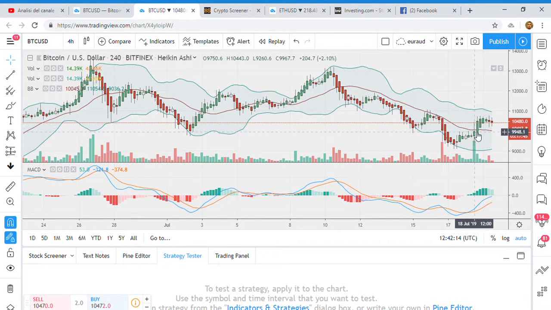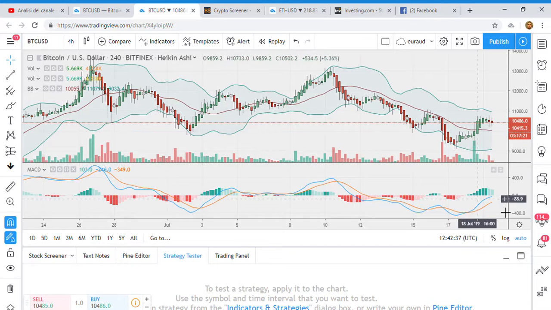So what we might see in the short term, after a long series of long black candles, here we've seen two interesting volumes, the first one and the second one. These two volumes are creating a small point of control, which means what I've been saying before, we might see a little retracement.